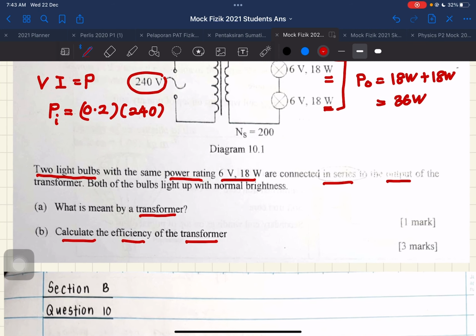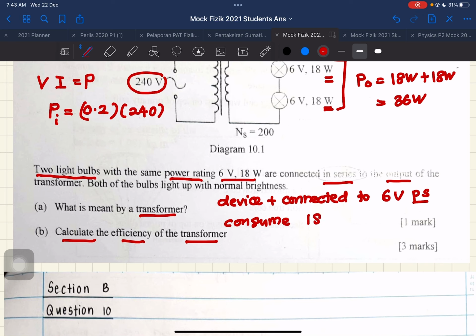When the device is connected to, so the keyword will be, when the device is connected to a 6 volt power supply, put PS, power supply, it will consume 18 joule of electrical energy in 1 second.